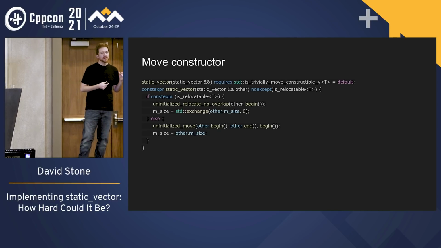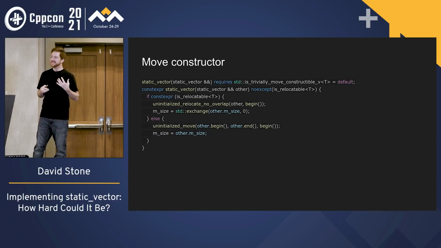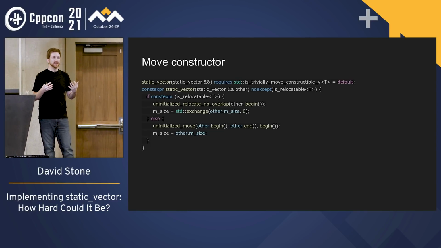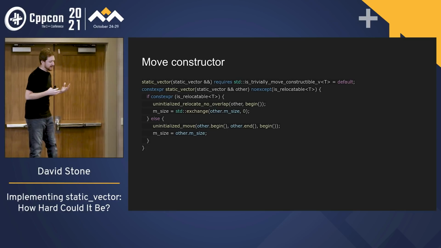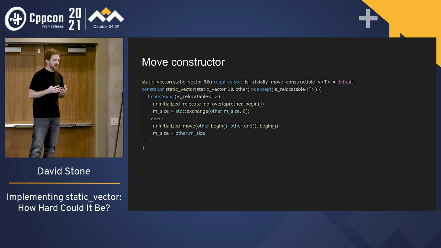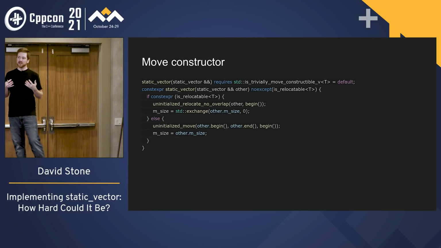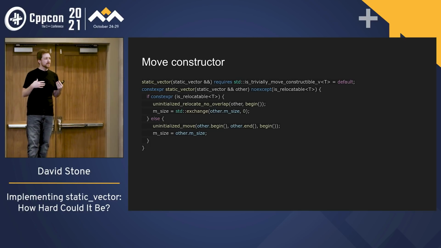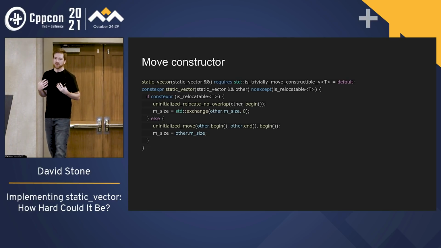But there are also types which are not trivially relocatable, but can still benefit from an optimization similar to relocation. For those of you who aren't familiar, relocation is basically saying that instead of just doing a move construction, we're combining the move and the destructor into a single operation. For a trivial relocation, that's memcopy. That is the single operation. But it turns out that there's optimization benefits for relocation even when it's not trivial.